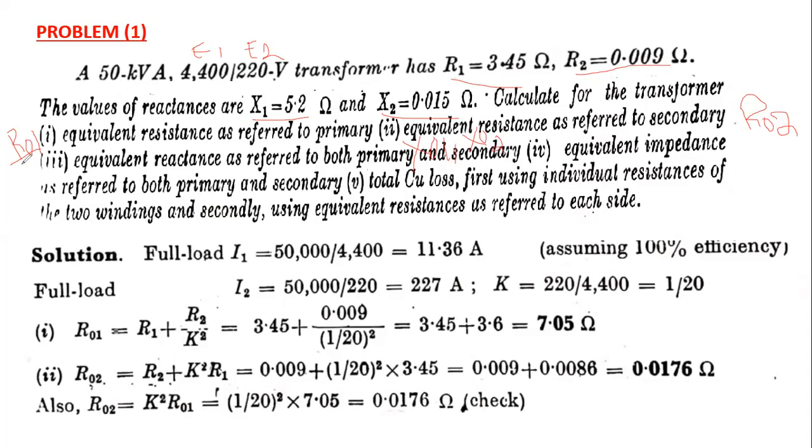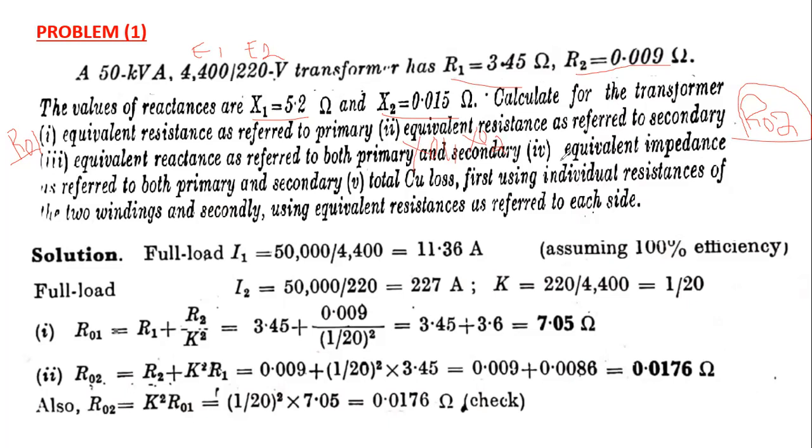First we determine R01, the equivalent resistance referred to primary. Next we determine R02, the equivalent resistance referred to secondary. Next we determine the equivalent reactance referred to both primary and secondary, that is X01 and X02.